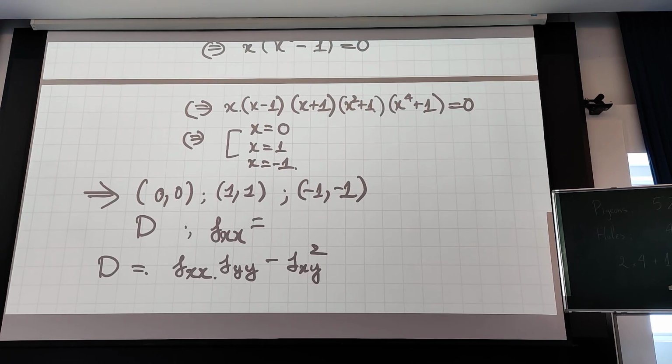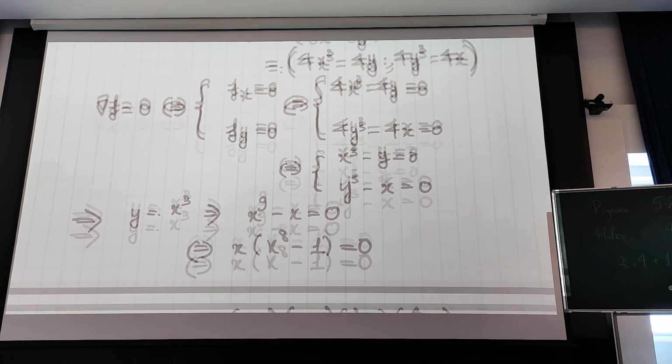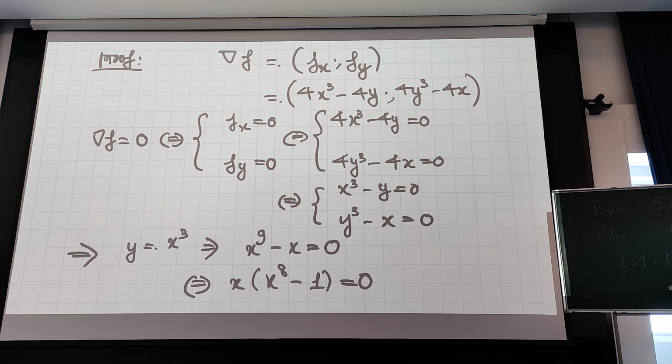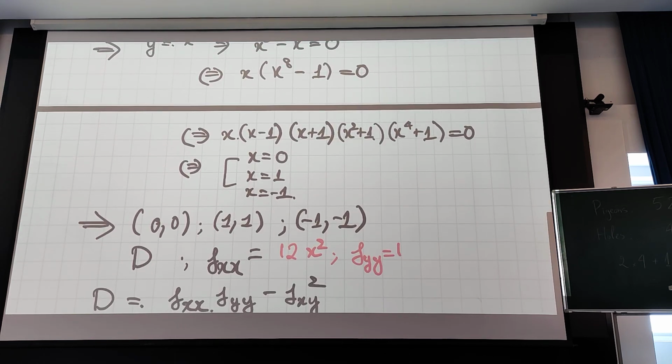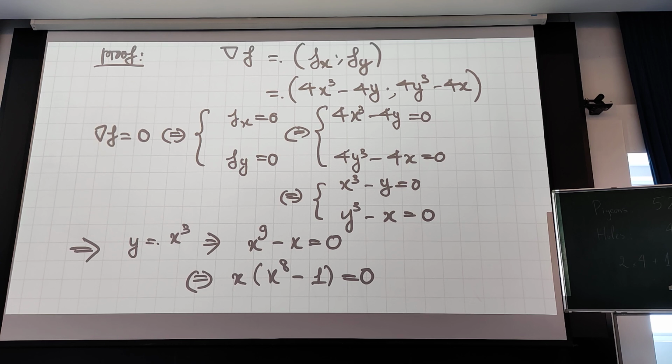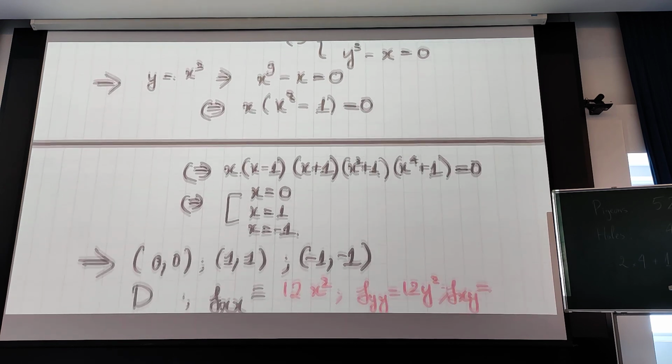And fyy is 12y squared. fxy is minus 4. Right?